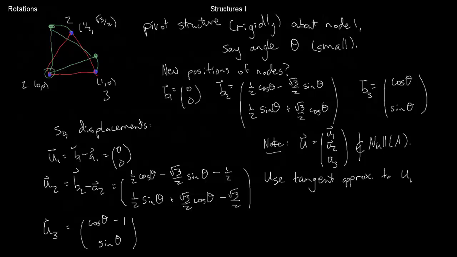So what I'm going to do instead is to take a tangent line approximation, first order Taylor approximation, to these Uis, again, at theta equals 0.